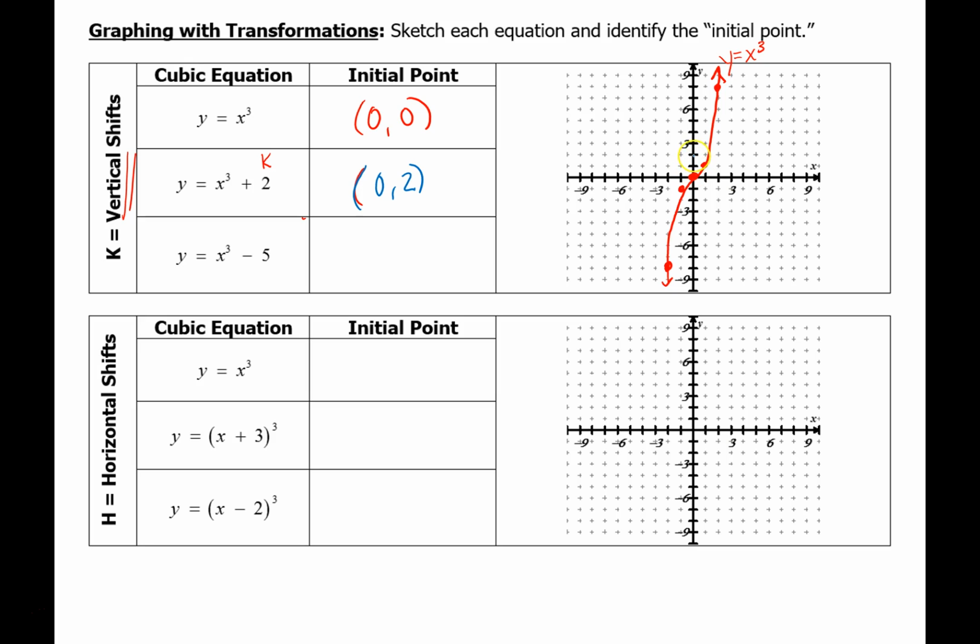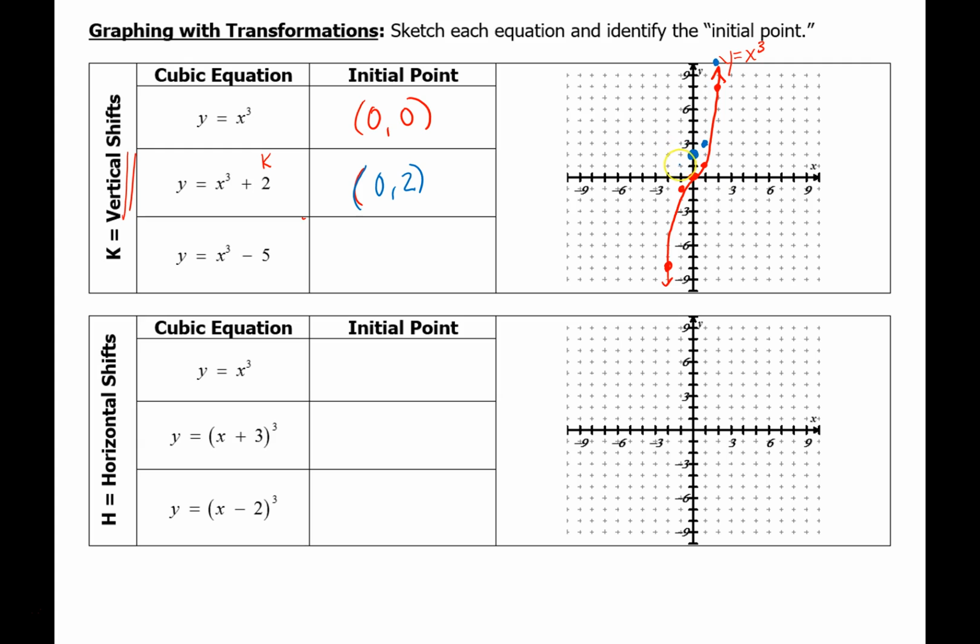So my initial point is now at 0, 2, which means that when I draw the rest of this graph, when I go over 1, 1 cubed is 1, so I'm going to go up to there. When I go over 2, I'm going to go up 8, which is going to be up here.